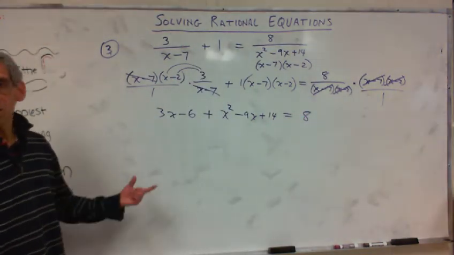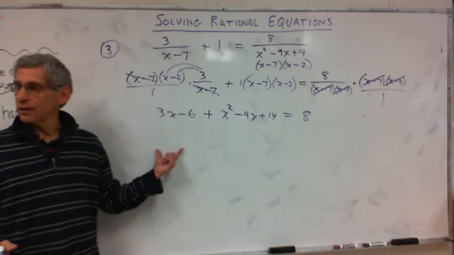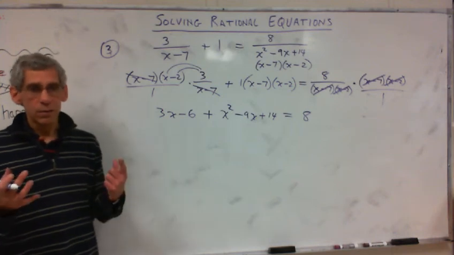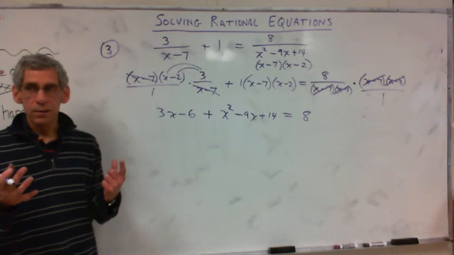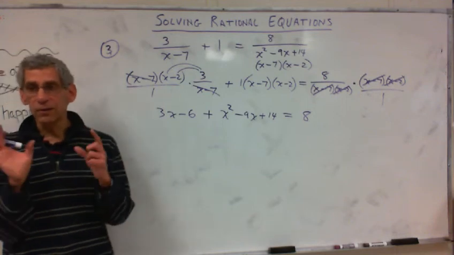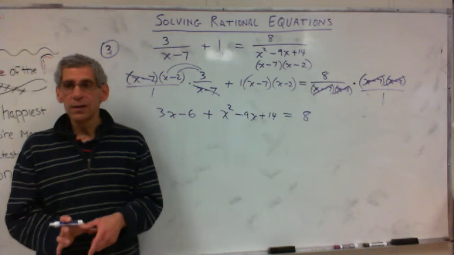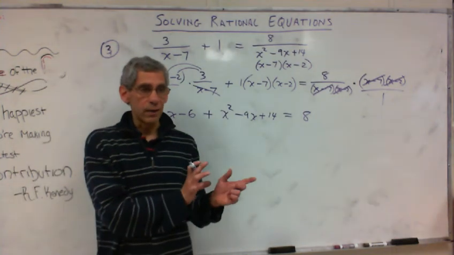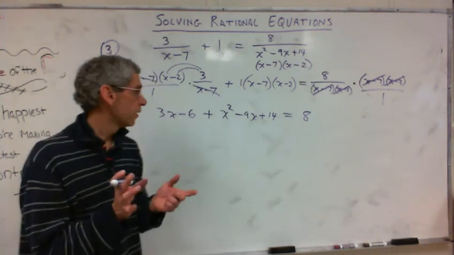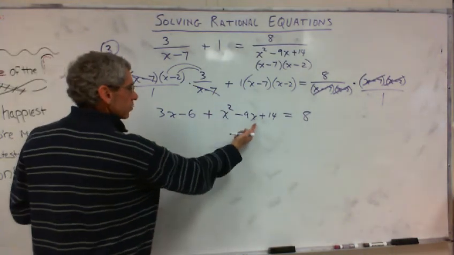So now all we have to do is combine like terms and write it in proper order. Proper order is what? If there's an x squared, you would write that first. If there's then just a plain old x, you'd write that second. And if there's just a plain old number without an x, you write that third. Just like a typical quadratic expression, right? So I can see there's only one x squared.